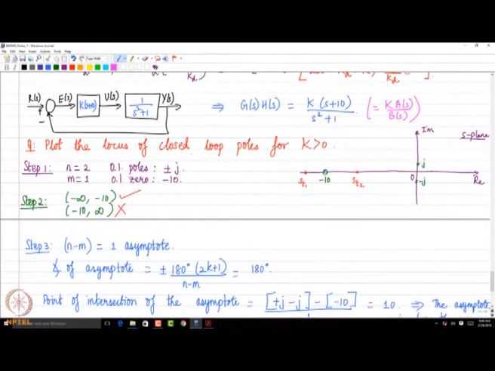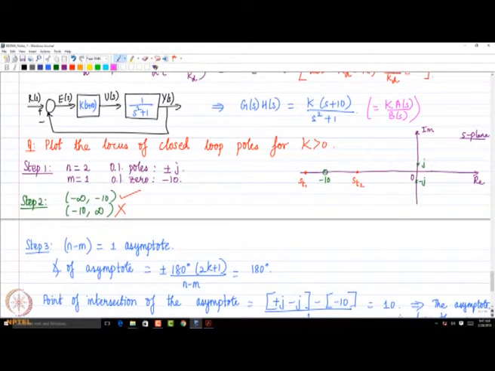Because you can see that I'm going to have two branches starting from plus j and minus j. They are going to be complex conjugates, right? And ultimately, one branch is going to come and terminate at minus 10, because that's one open loop 0. Another branch is going to go to minus infinity along the negative real axis.